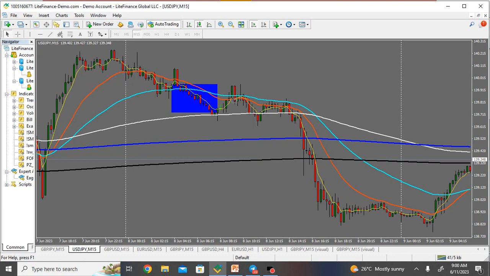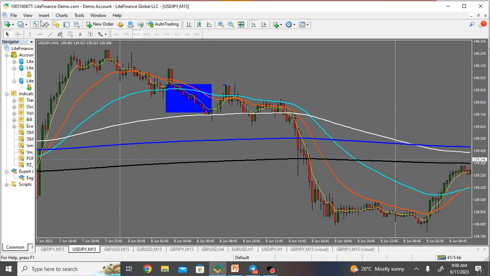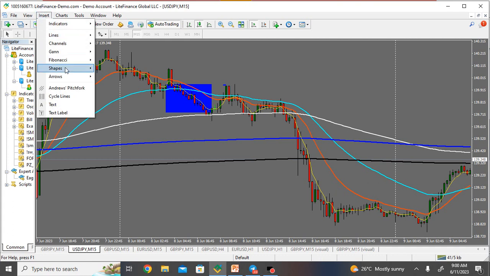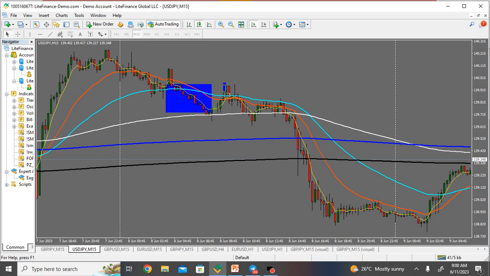The whole thing here is the consolidation. You can see there is no real trend here.